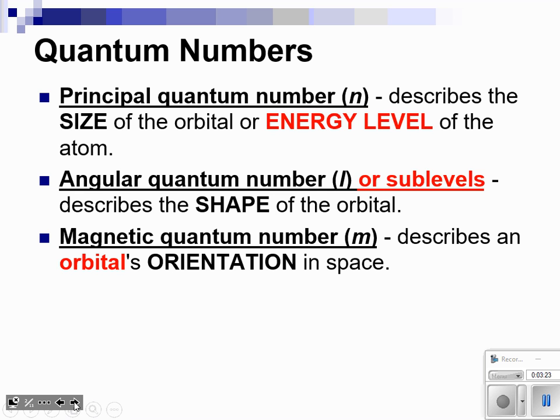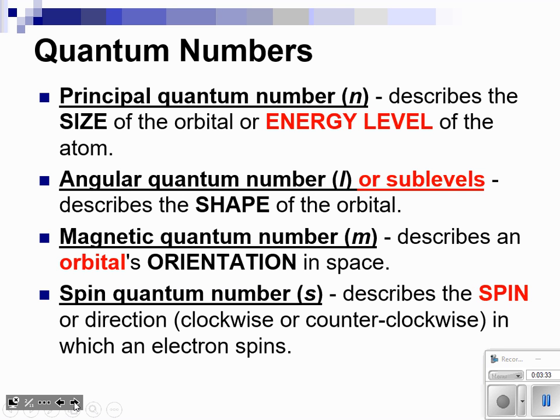The magnetic quantum number is lowercase m. It describes the orbital's orientation. And finally, the fourth one is the spin quantum number, and it describes whether that electron is spinning in the clockwise or counterclockwise direction.